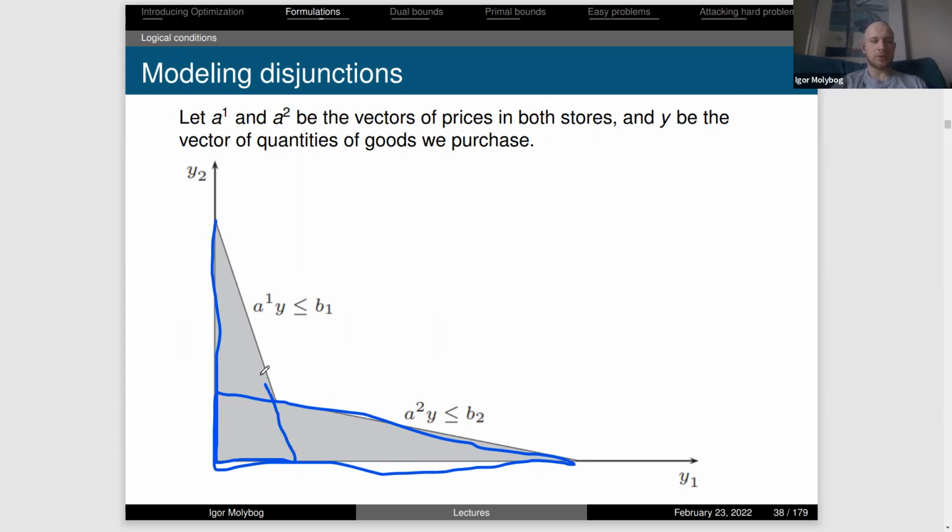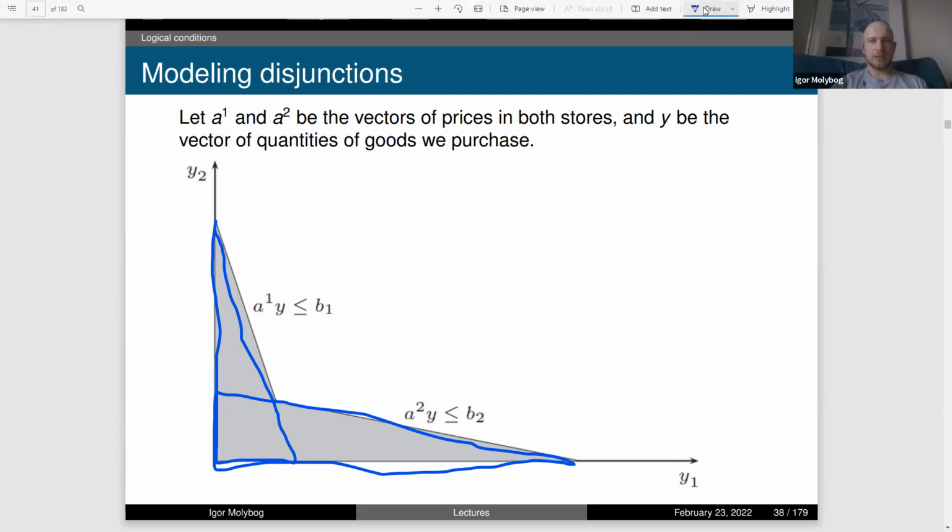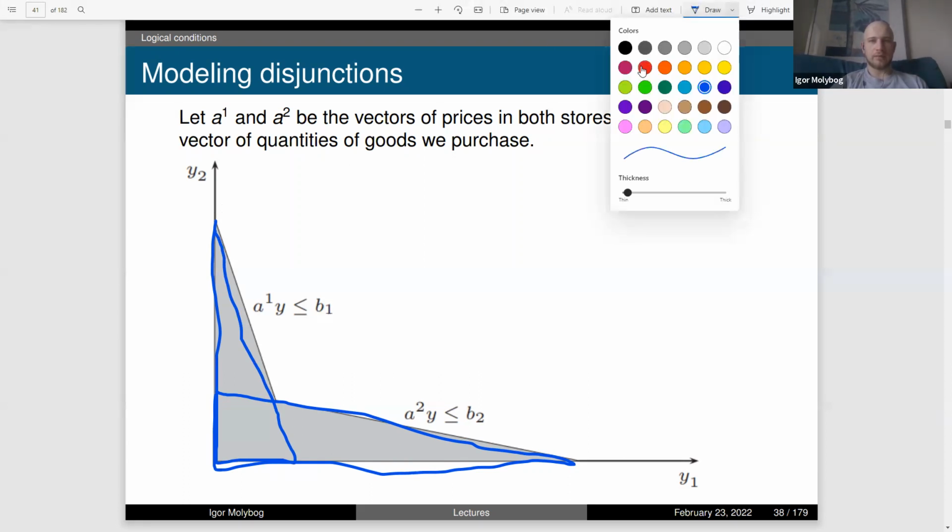And right now you can go to any of them. So your eventual feasible set looks like this.